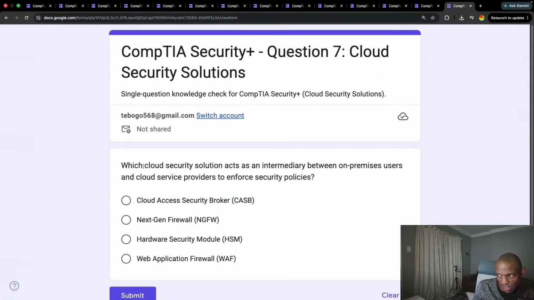Now let's look at this question here. Which cloud security solution acts as an intermediary between on-premises users and cloud service providers to enforce security policies?